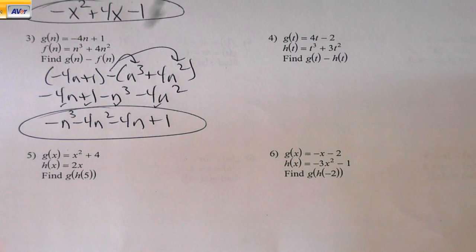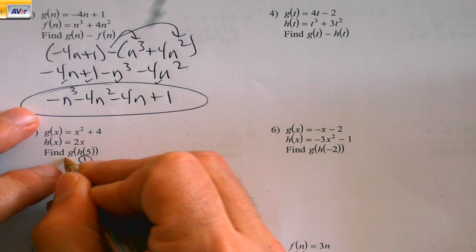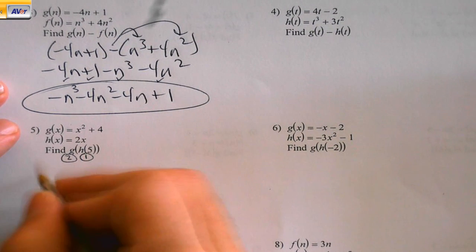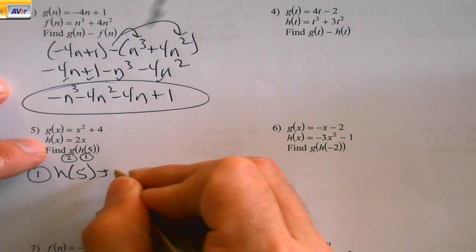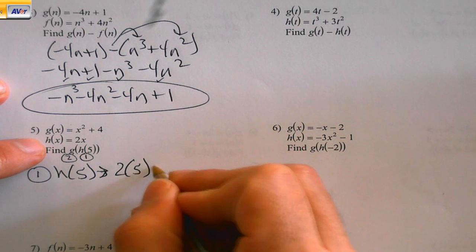When we get a little lower here, I'll do a couple of these too. We'll do 5 and 6. Composition. We're always doing what's in the parentheses first and the function outside second. So my first job is to do h of 5. In other words, take my h function, 2x, and replace the x with what's in the parentheses.